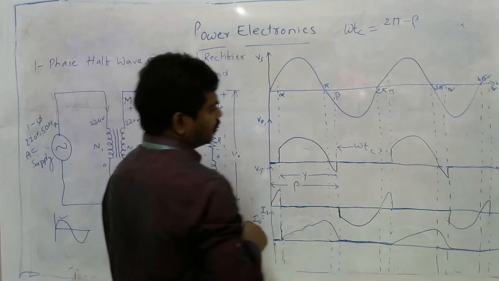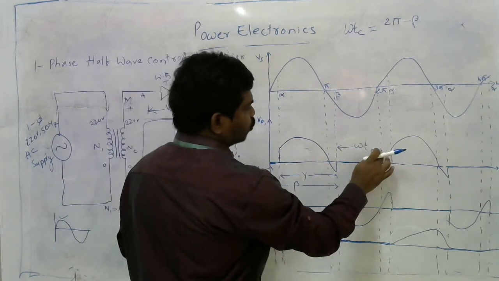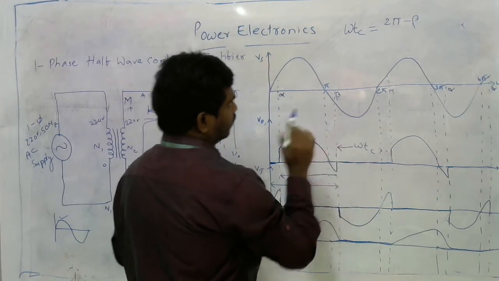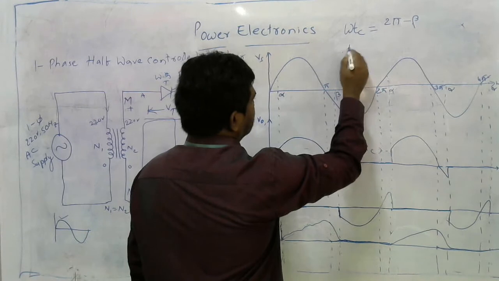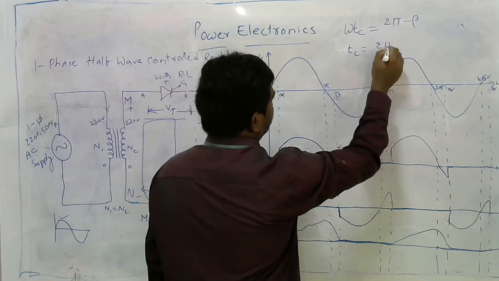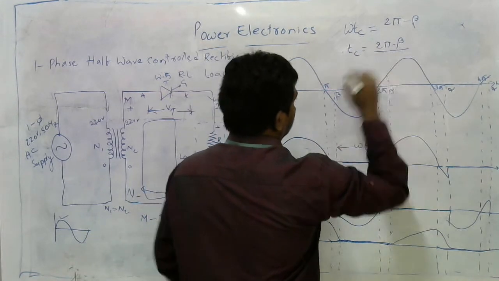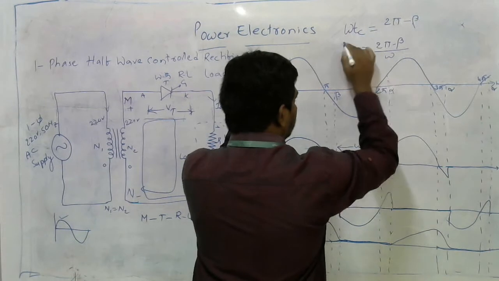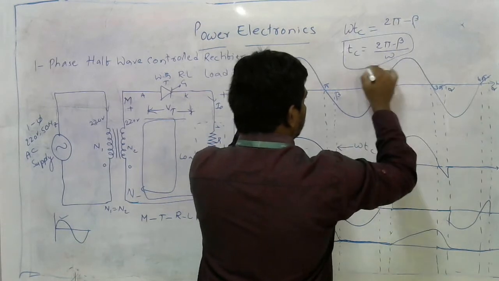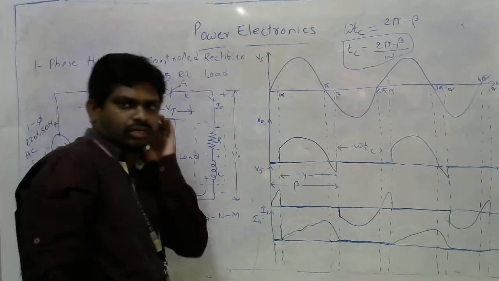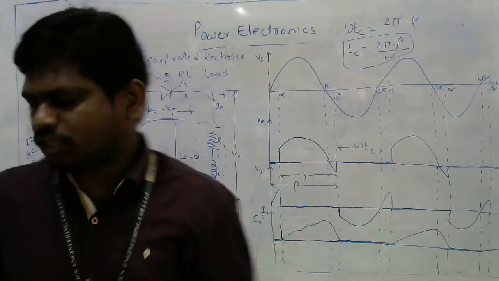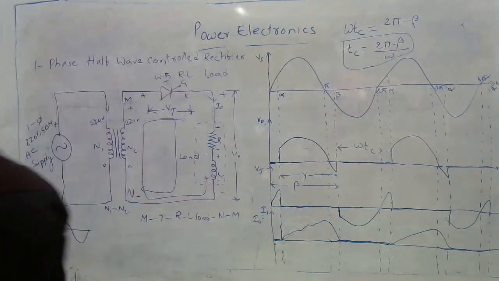Thereby, upper limit is 2 pi, lower limit is beta. Then we can say omega Tc is equal to 2 pi minus beta, so Tc is equal to (2 pi minus beta) by omega. Am I clear? So circuit turn off time is 2 pi minus beta upon omega.